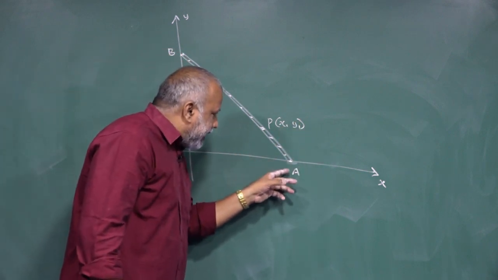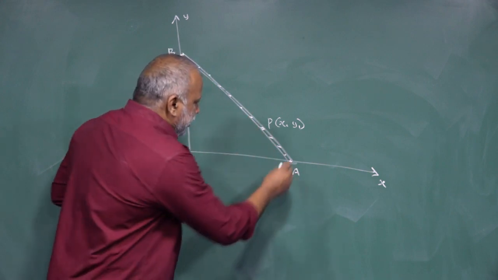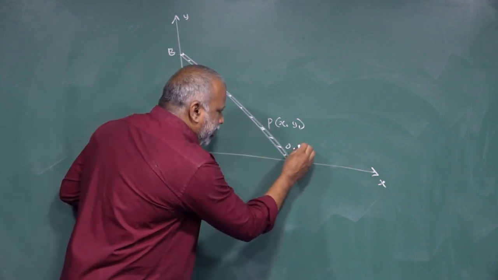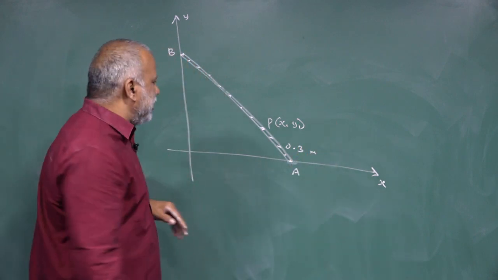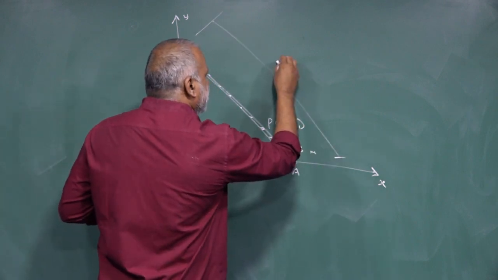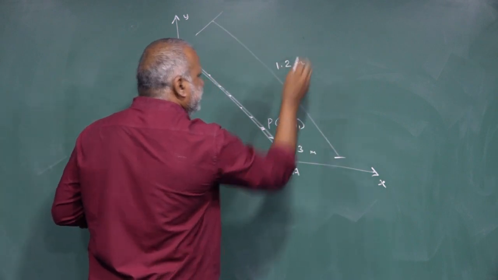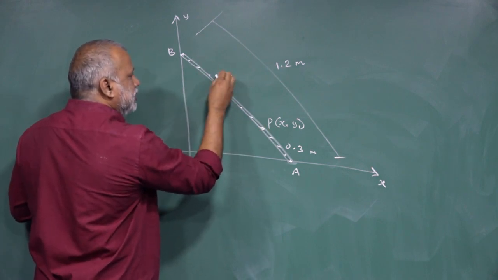From its end A, the length A to P is 0.3 meter. The total length of this rod is already given as 1.2 meter, so from P to B the remaining is 0.9.